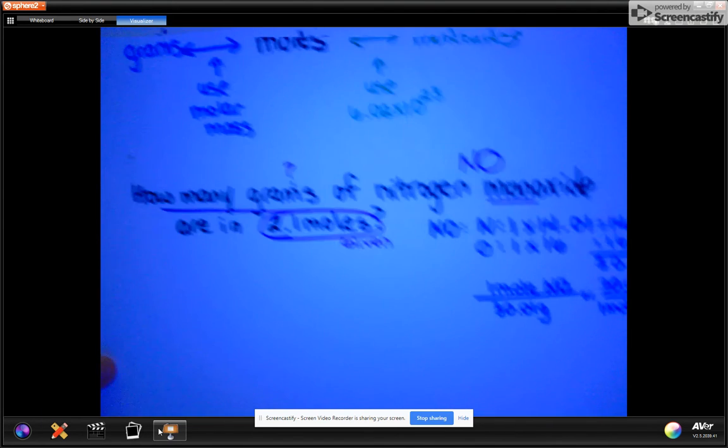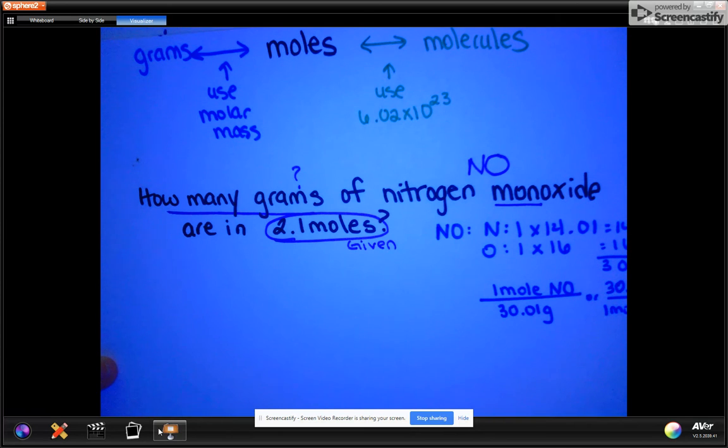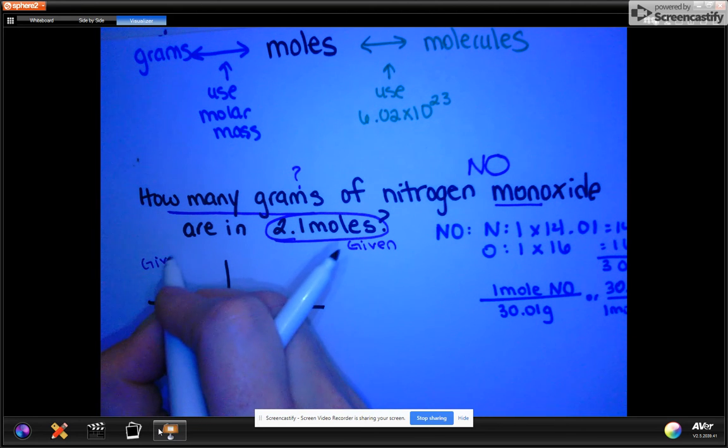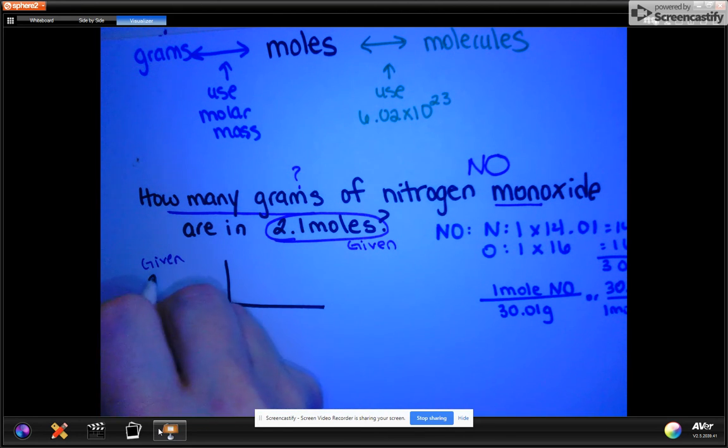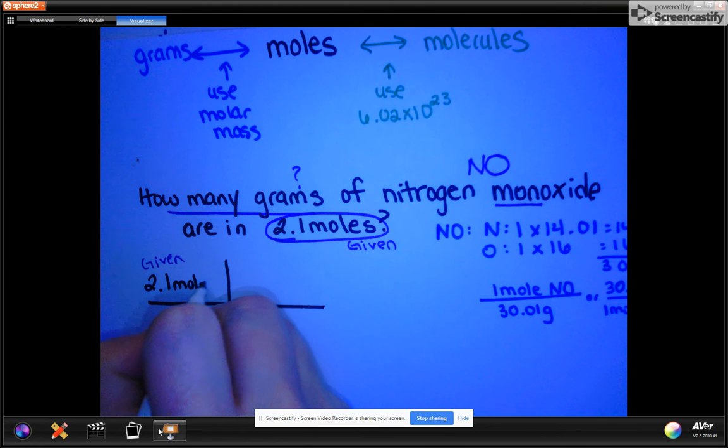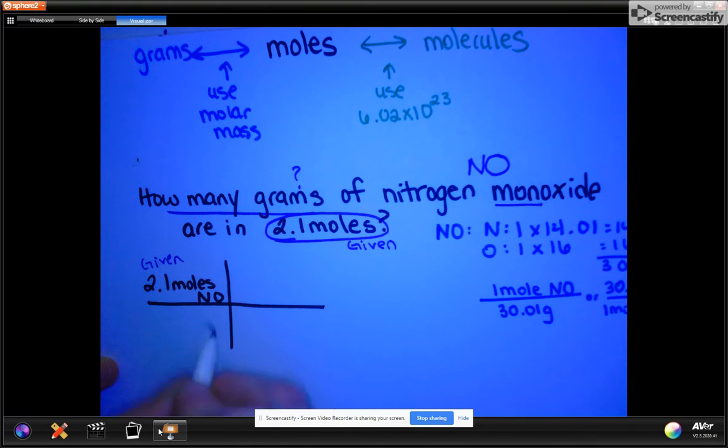Okay, so now we're going to set up our problem using our lovely tool. We always start with our given, which in this case is 2.1 moles of NO. If the unit moles is on top, the unit moles must be on bottom.